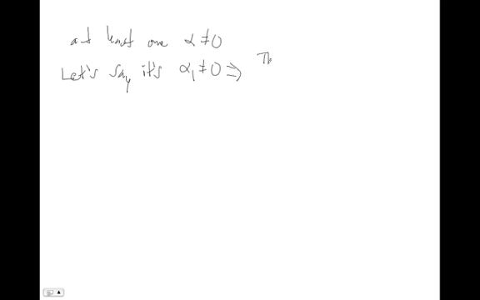That means at least one alpha not equal to 0 would satisfy that equation above. So let's say alpha 1 not equal to 0 would have satisfied that equation. Okay, so if that were the case, then we can solve for x1 as some linear combination of the other ones.